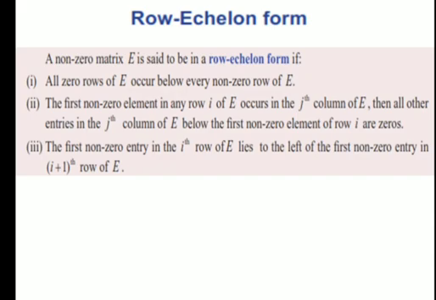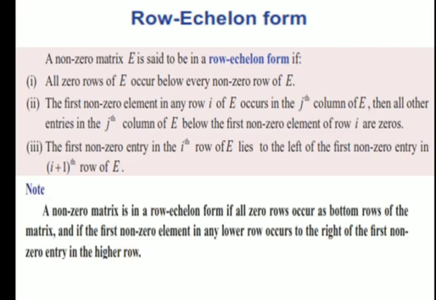The first non-zero entry in the ith row of E lies to the left of the first non-zero entry in the i plus 1th row of E.